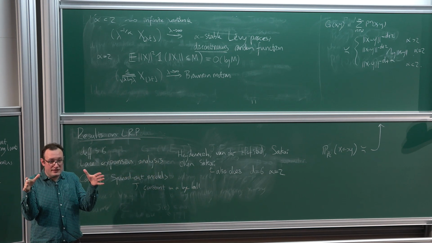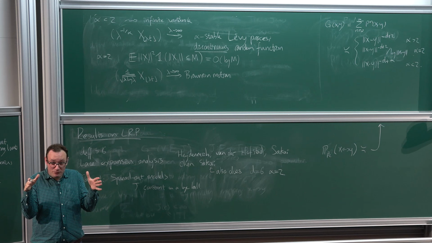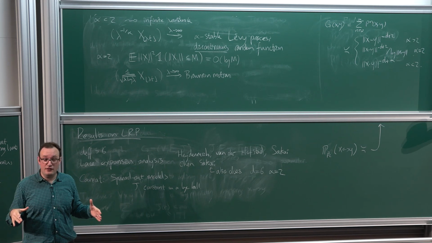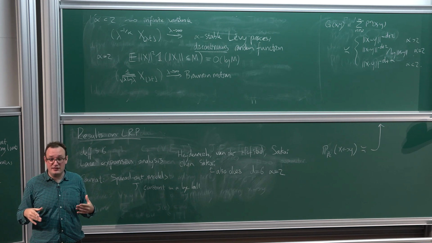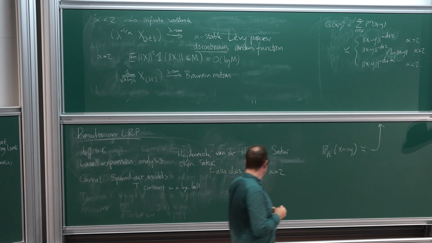Up to some large constant scale, you look like you're doing percolation on the complete graph, and then it starts to decay. That's the analog of working with spread out models for short range models.